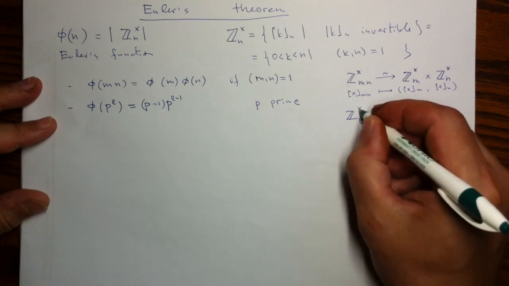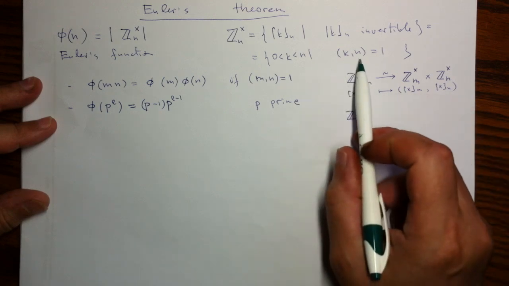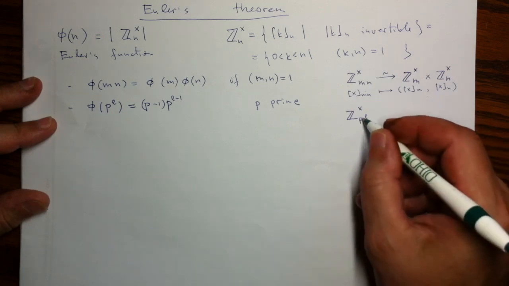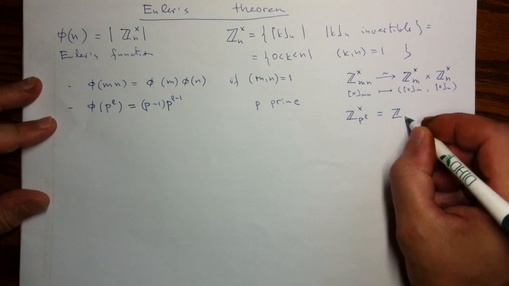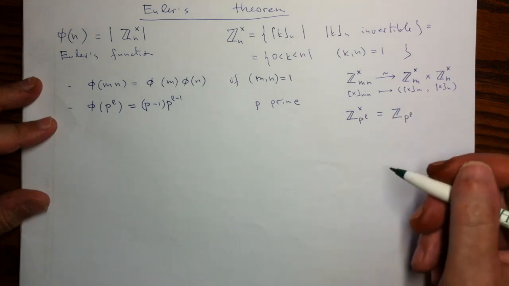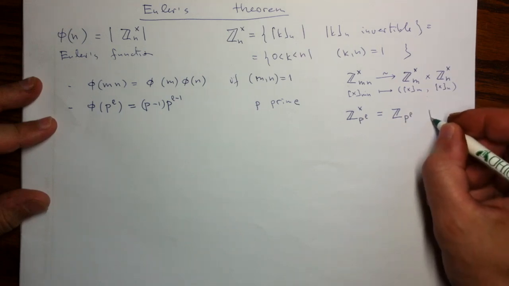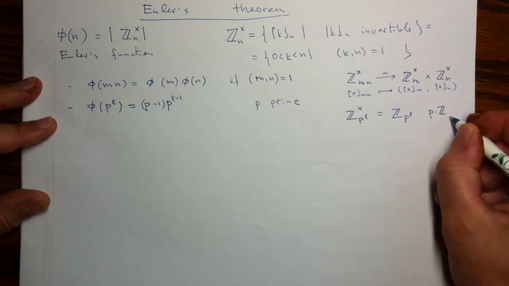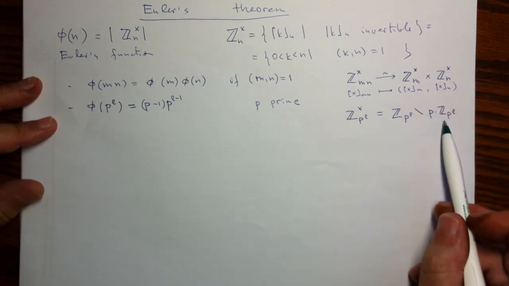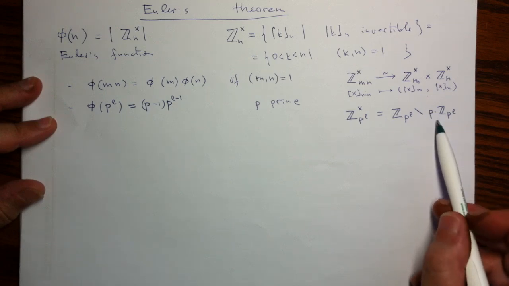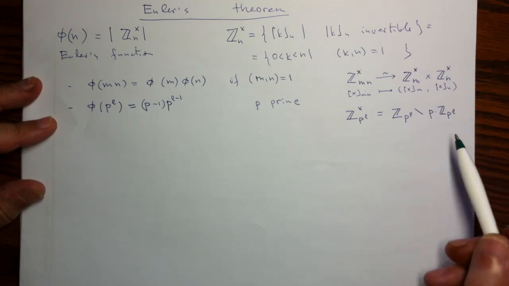simple logic. We are counting things which are coprime to p to the l. Well, it's easier to describe those which are not coprime to p to the l. They will be multiples of p. And so to count those which are coprime, it's enough to count those which are not and take this number out.